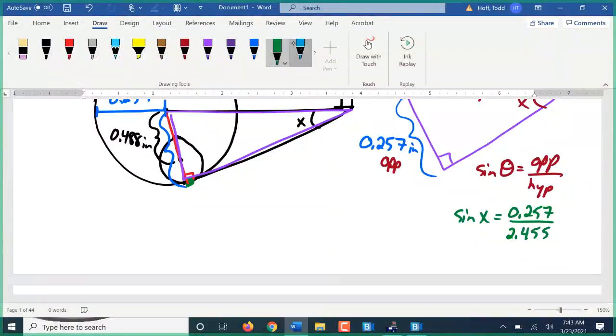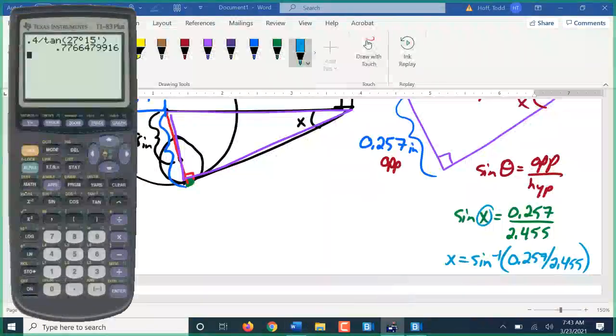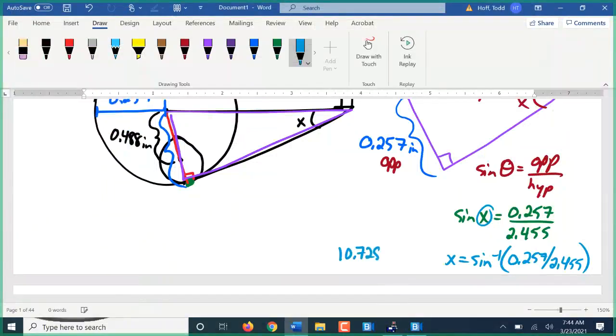Now, since we're finding an angle here, we solve this by doing the inverse trig function. The inverse sine of 0.257 divided by 2.455. Second sine, 0.257 divided by 2.455 gives us 10.728 degrees.